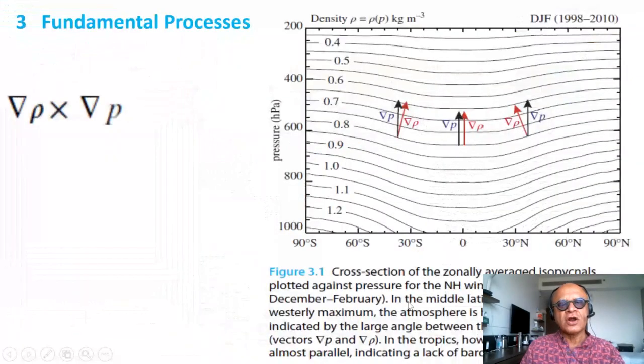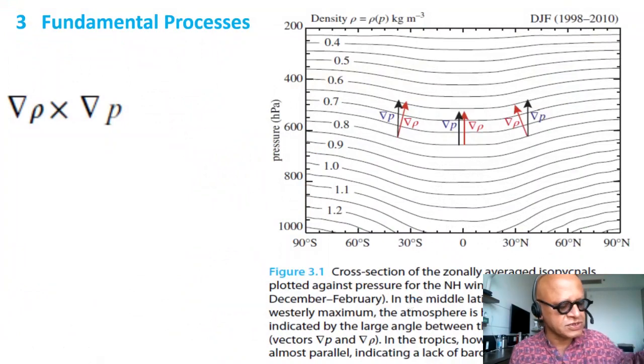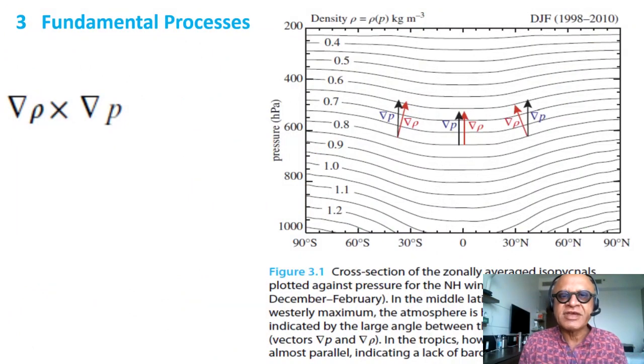Okay, here we are with the third chapter of this course on dynamics of the tropical atmosphere and oceans. Here we look at some fundamental processes. We will see what we mean by that.